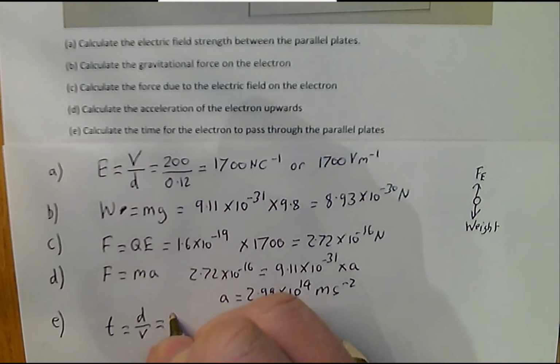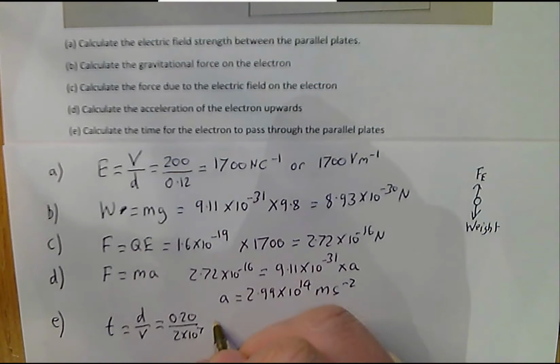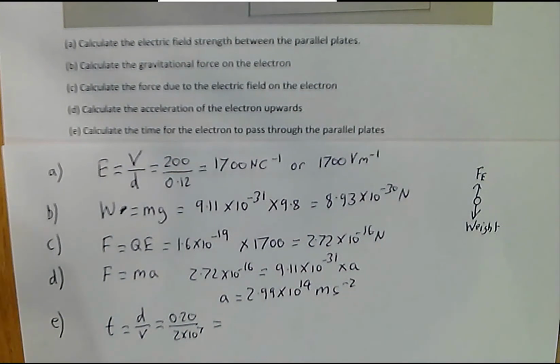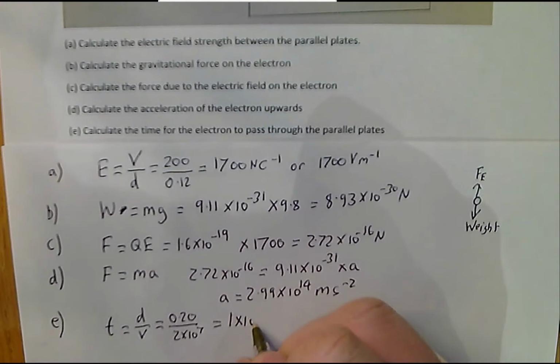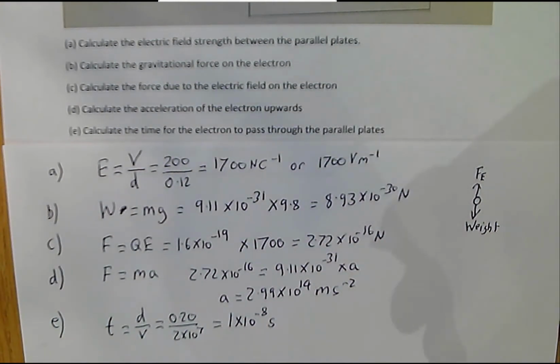So we've got 20 centimeters divided by the speed that it is traveling at, which is 2 times 10 to the 7 meters per second. And that gives us a time of, let's just work this one out to check I've got it right, 1 times 10 to the minus 8 seconds for it to pass through those particular plates.